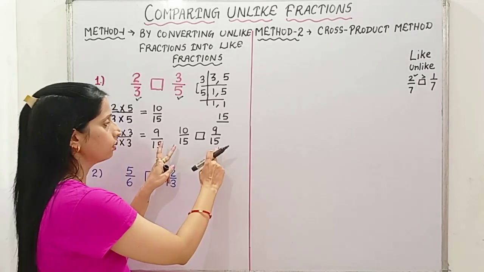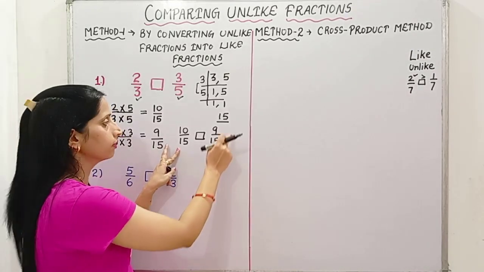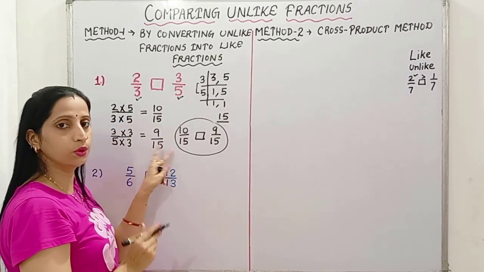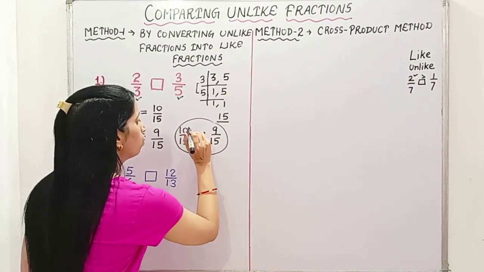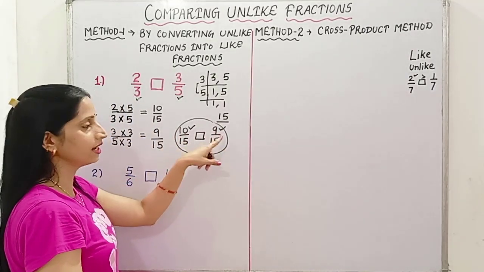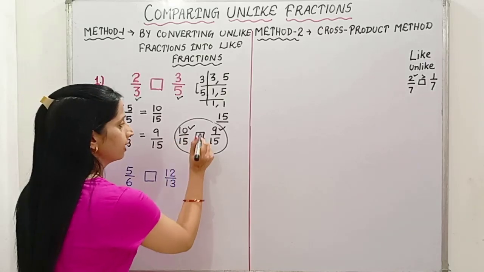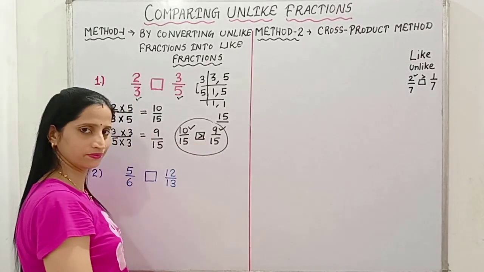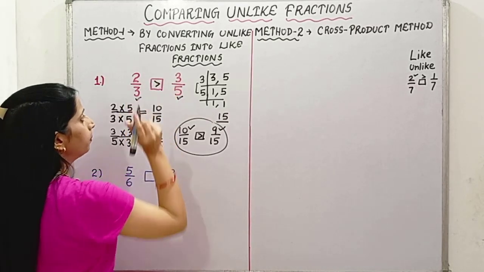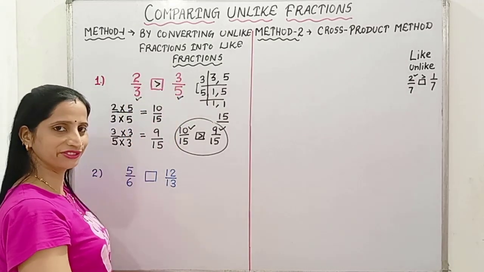Now our denominators are same. These fractions have been converted into like fractions, so we need to only compare the numerators. From 10 and 9, we know that 10 is greater. Hence, 2 upon 3 will be greater than 3 upon 5.